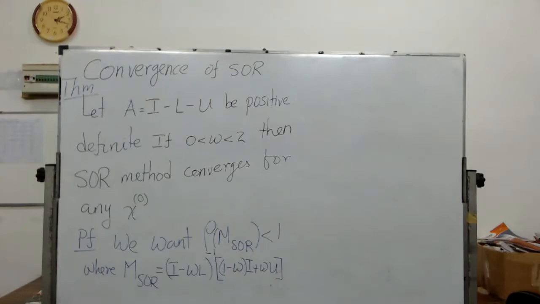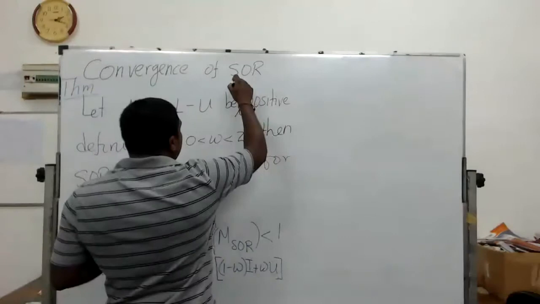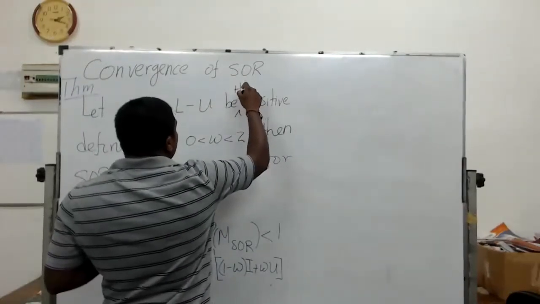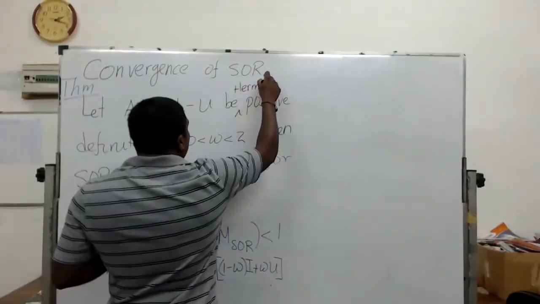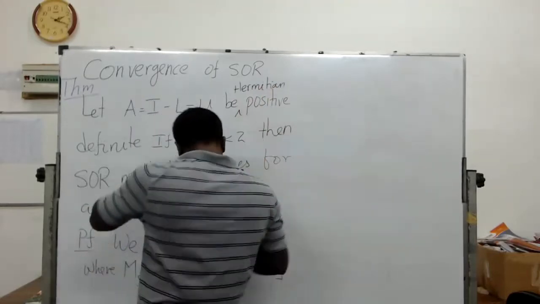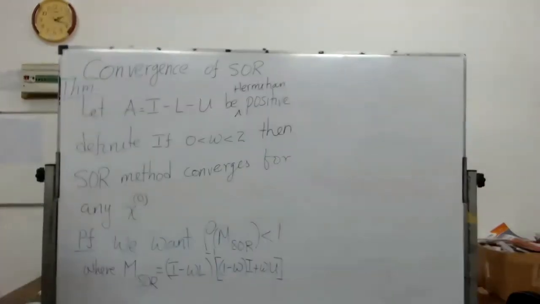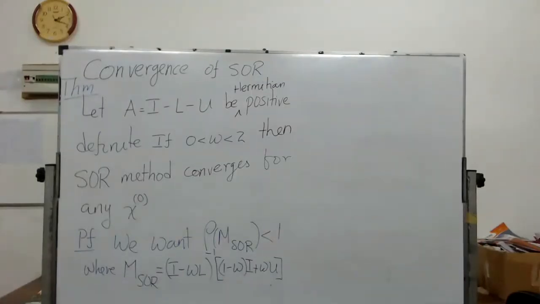So we can use that lemma again here to prove the spectral radius condition of this matrix. First, I have to write here positive definite. When I say positive definite, this is Hermitian as well. So clearly this is a Hermitian positive definite matrix.